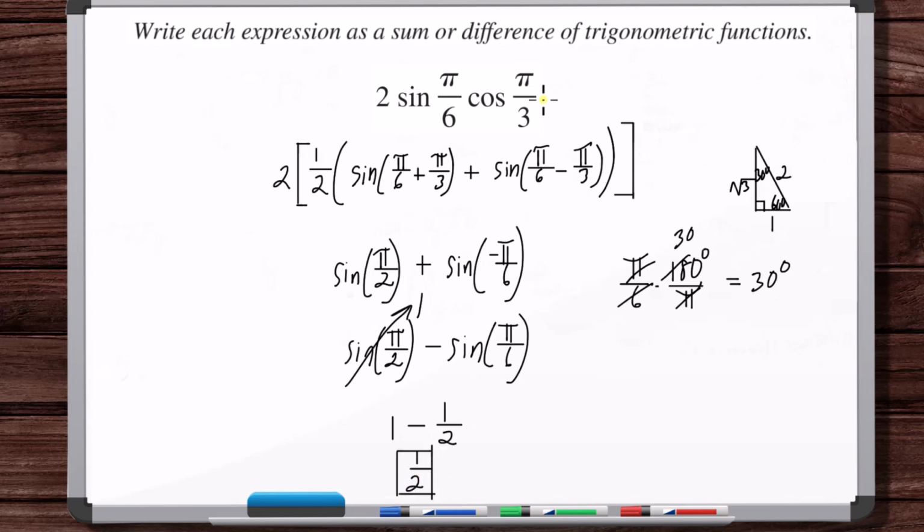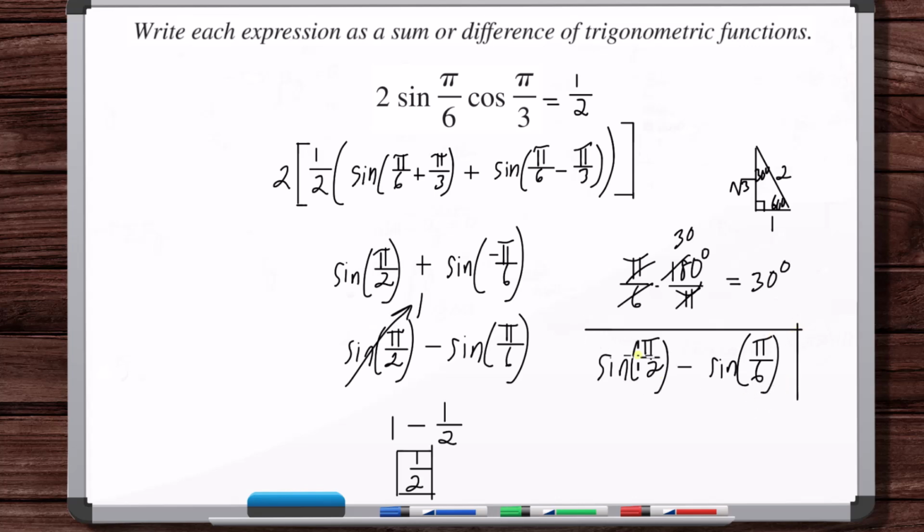This is equal to 1/2. They might have wanted us to leave it as just sine of pi over 2 minus sine of pi over 6 because they just wanted a difference of trig functions, but whatever. So the answer could be 1/2, or we could have just left it as sine of pi over 2 minus sine of pi over 6. That's what the answer in the back of the book says. But to me, I'd continue past that.